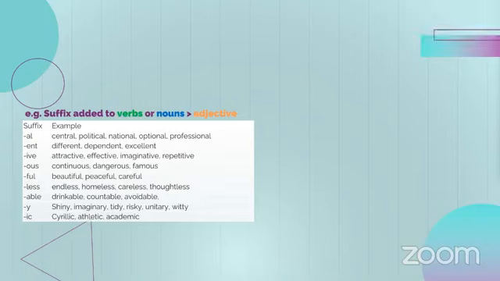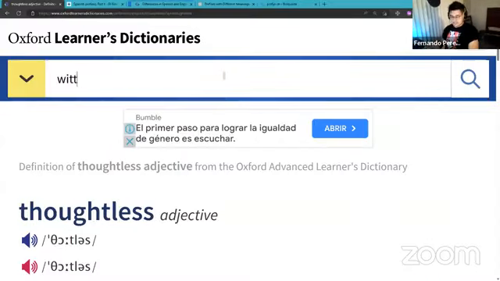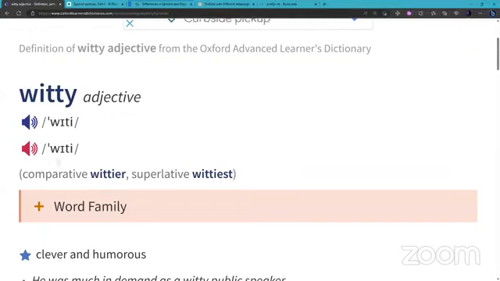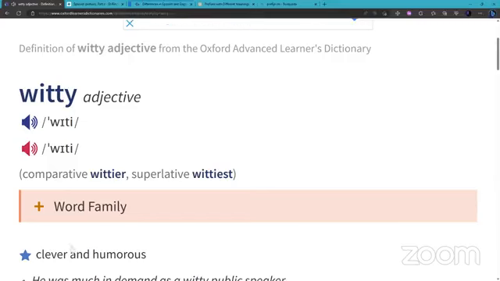Witty. Okay, let's check that one. I really like that adjective. Look at the symbol. Witty. Exactly, witty. A person that is witty is clever and humorous.